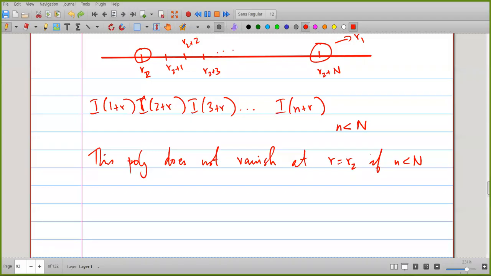And when n is greater than or equal to capital N, this polynomial vanishes at R equal to R2.